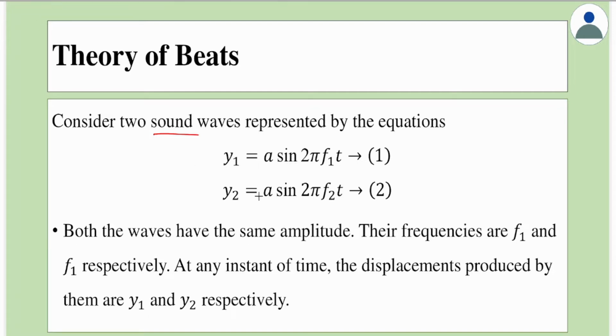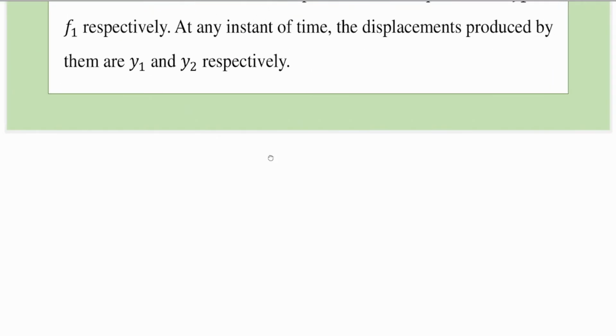Here the two sound waves have the same amplitude but different frequencies. Now at any point the net displacement is given by y is equal to y1 plus y2.